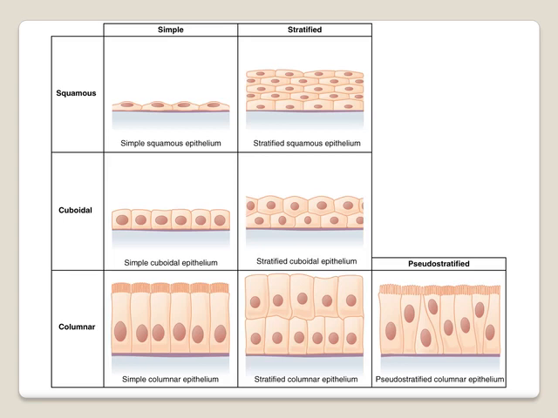The middle row is the cuboidal. You see on the left, simple cuboidal, and on the right, stratified cuboidal, more than one layer, and they actually do still look cuboidal. The simple is usually found in glands. It forms tubules that are adapted for secreting, so it's found in the ducts and tubules of organs like the kidneys.